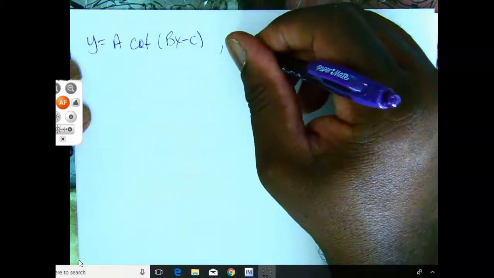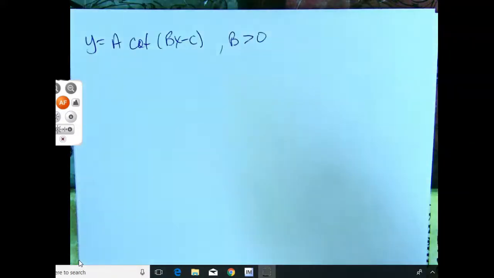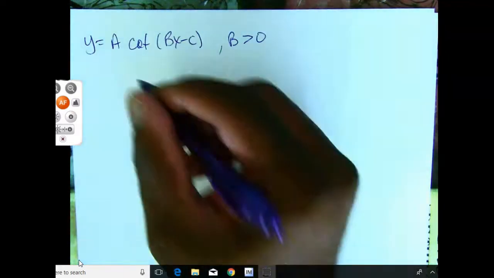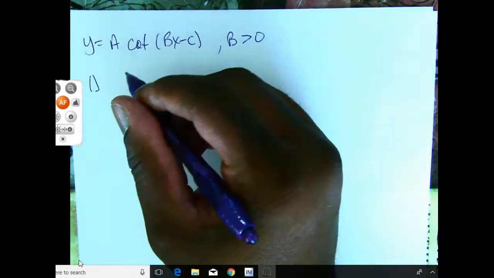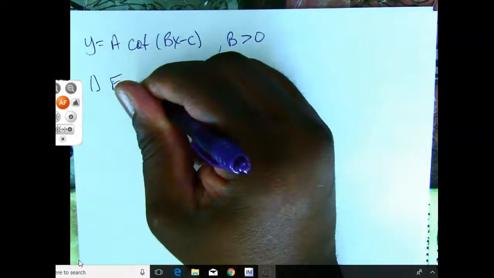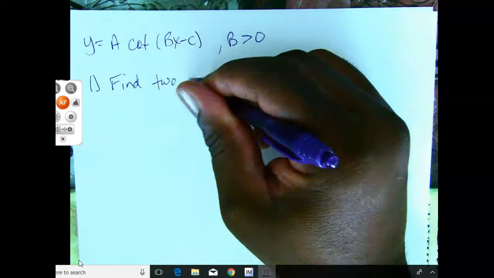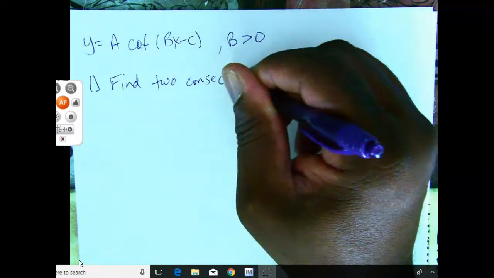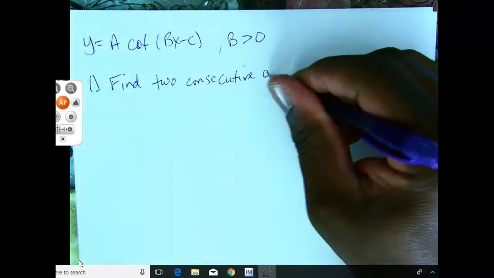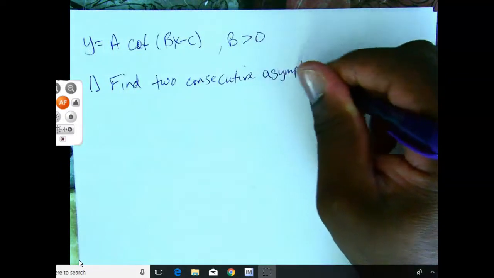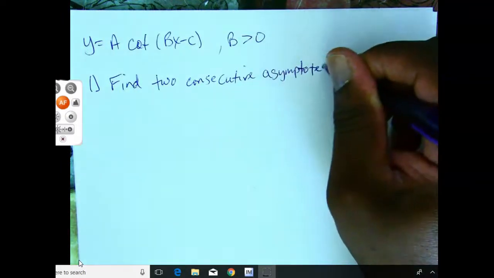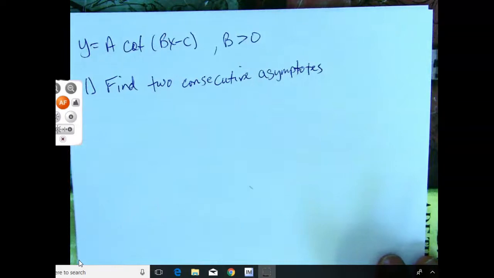And again, here we're going to say b is greater than 0. So step 1, we want to find 2 consecutive asymptotes. That's just like we did with the tangent.